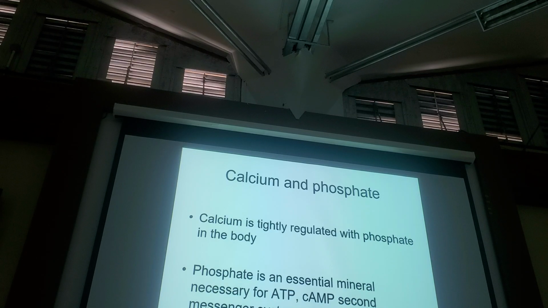Because if calcium is going up, phosphate should come down. Phosphate going up, calcium should come down. And the product of their concentration is always a constant. And if it exceeds a critical value, it suggests that there is a likelihood of the formation of calcium stones.